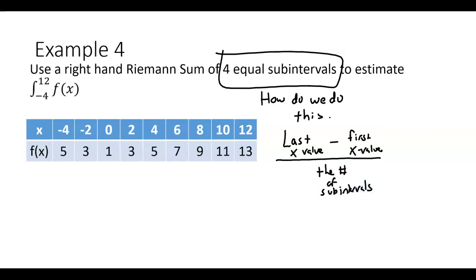Okay, and that's going to tell us the base of each rectangle we actually want. So my last x value is 12. My first x value is a -4. And we want 4 rectangles. That means each rectangle needs to have a base that is 4 units long.